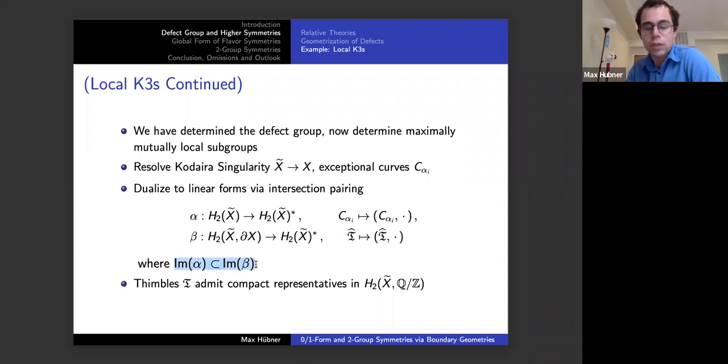And so this identification allows us to find a compact representative for a non-compact cycle. And this compact representative is going to be a rational combination of compact curves. And its distinguished property is that it intersects all compact curves in the same way that the non-compact cycle does. And so we find a compact representative in here.